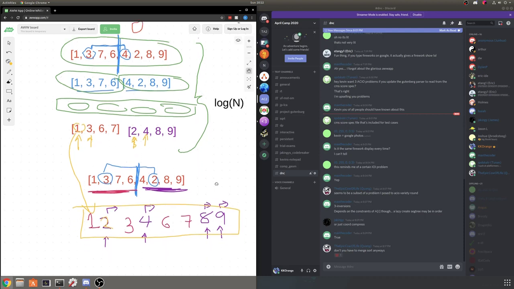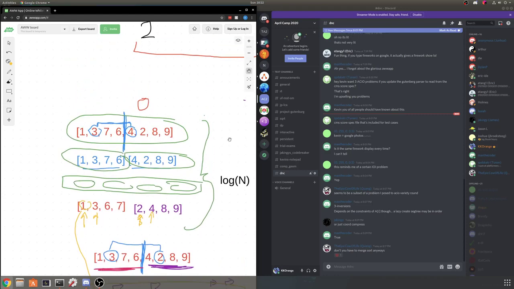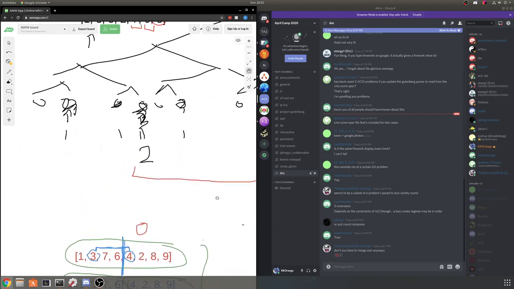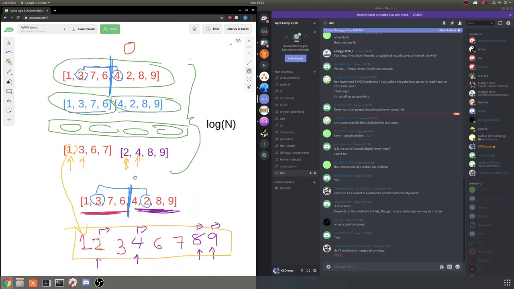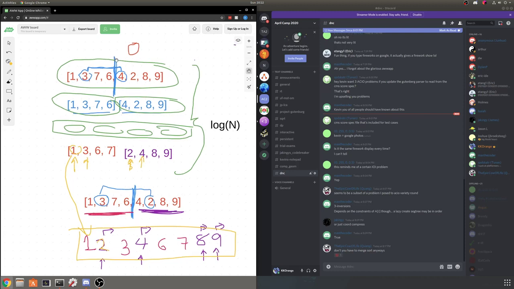Okay, so that's basically the idea for how you count inversions using divide and conquer. To summarize, you split the array in half. You count the number of inversions that are in the left half of the array only.